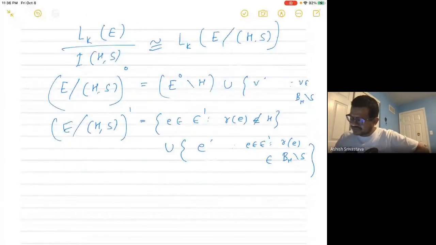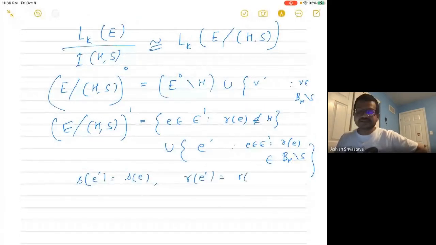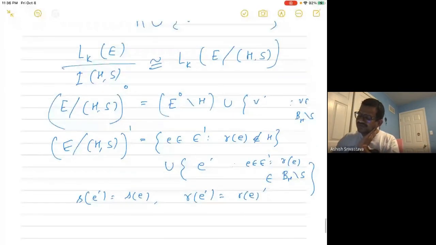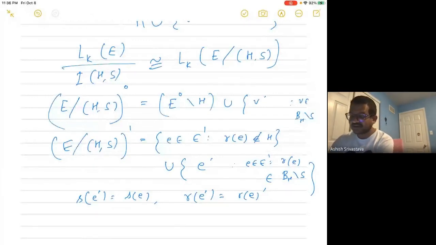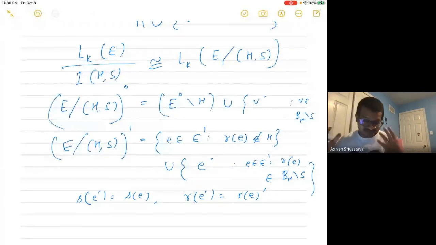So source of e prime is just source of e, and range of e prime is the prime of range of e. With this, we get the quotient graph, and it turns out that the quotient ring of the Leavitt path algebra modulo this graded two-sided ideal is a Leavitt path algebra over this kind of graph.